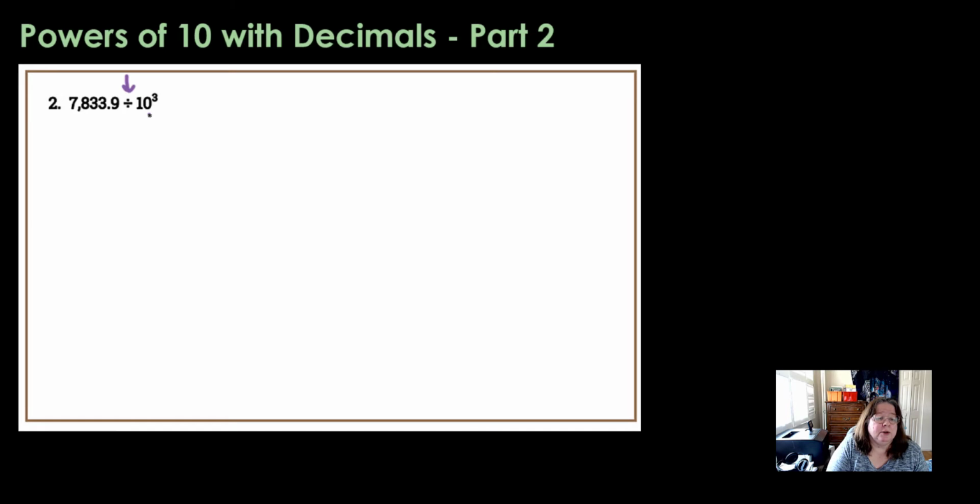Well, 10 to the third power is 10 times 10 times 10, which is 1,000. I could have gotten that the same way by writing a 1 and then putting 1, 2, 3 zeros after it because my exponent is 3, and I've also got 1, 2, 3 zeros here.